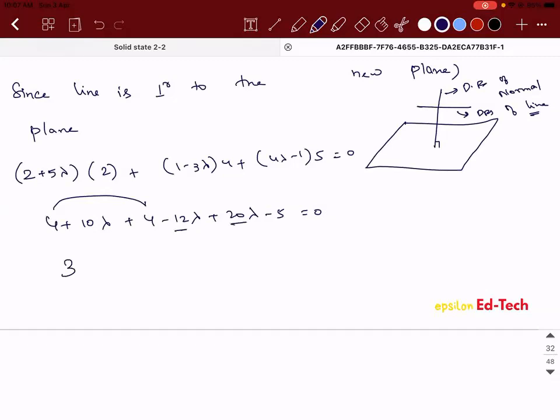So 10 minus 12 plus 20 is 18 lambda. So 3 plus 18 lambda is equal to 0, which implies lambda is equal to minus 1 by 6.